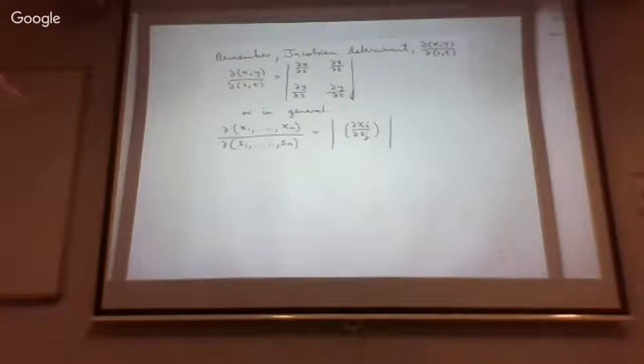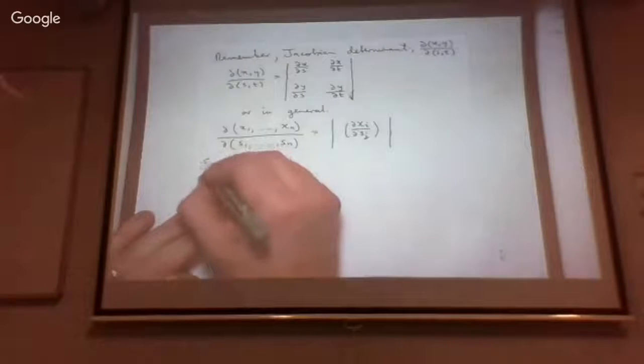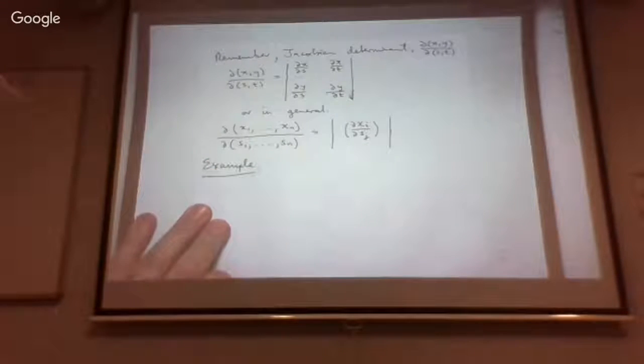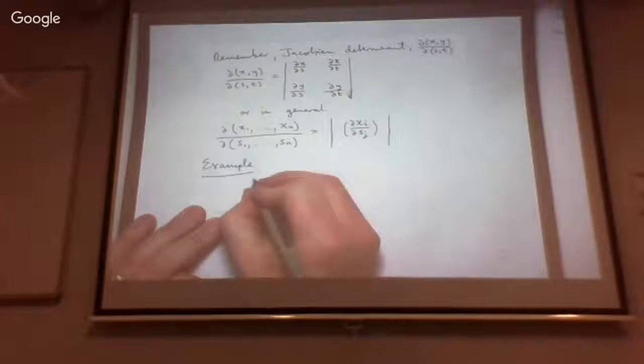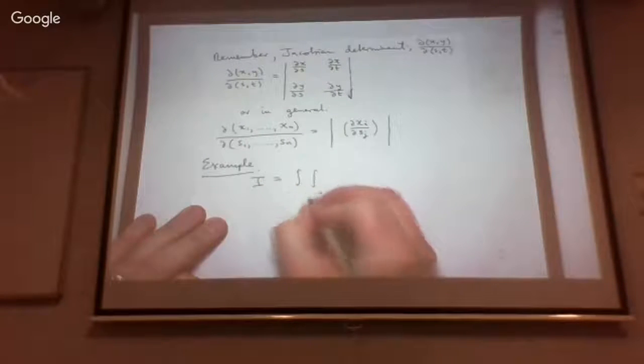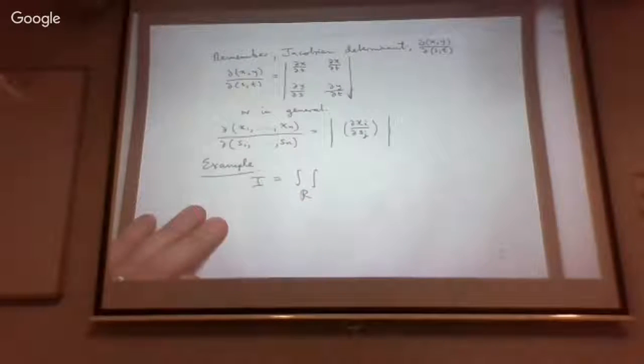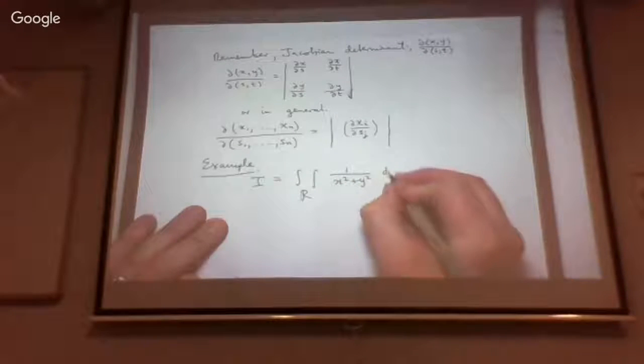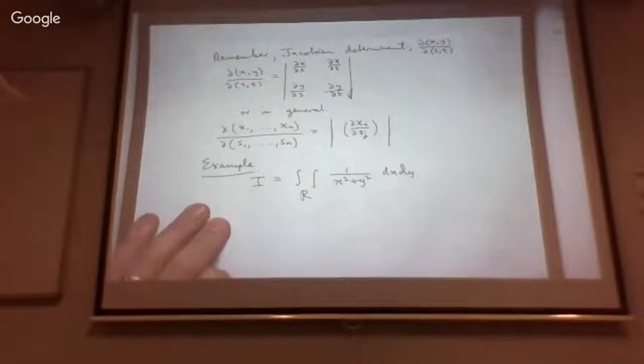So let's look at an example of this. We'll take the example that's in the notes there. So we got this integral, which is the integral over R of the function 1 over x squared plus y squared, dx dy.